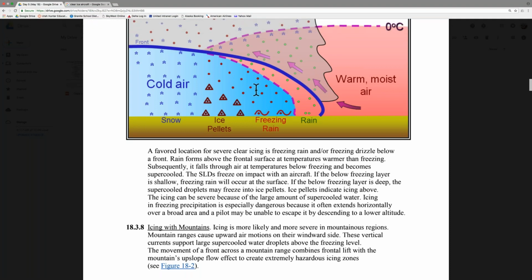Severe icing, if you guys remember in the FARs, no person may dispatch an aircraft into severe icing. So what that means is if there is severe icing being reported, we can't fly anywhere near that. If certain types of precipitation are falling over our destination airport, we can't even dispatch to that airport due to the icing hazards.